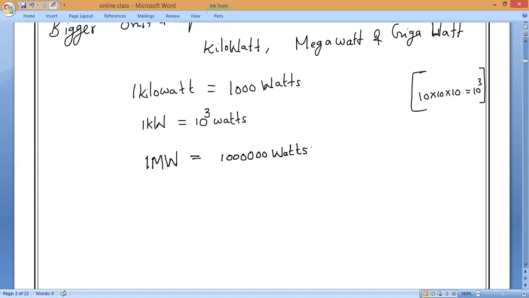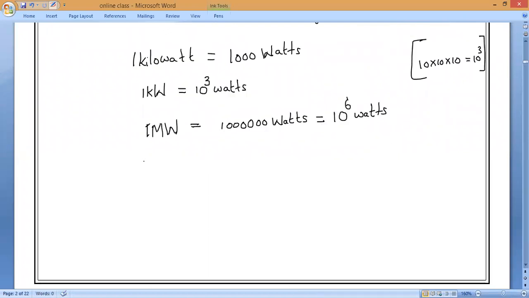Can you tell me in the form of powers, Kaushik, fast? 1000 is 10 power 3, 10 lakh is 10 power 6 watts. Very good. I know you can speak, but I don't know why you don't. So write it. Next, gigawatt.